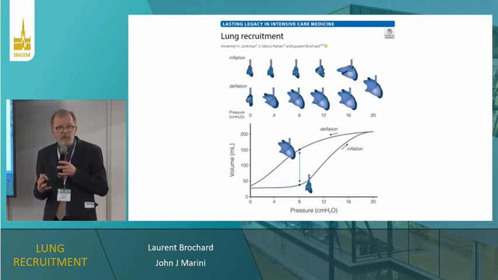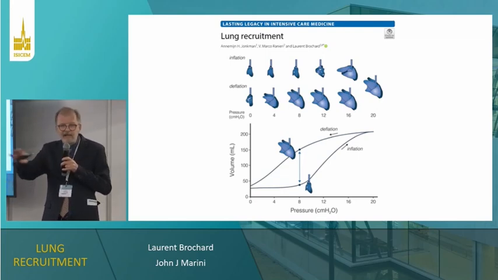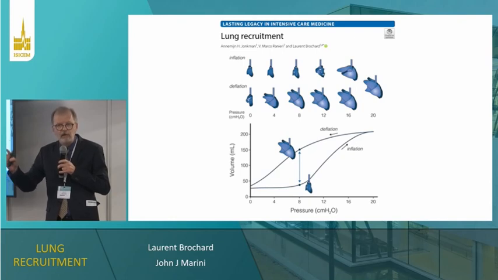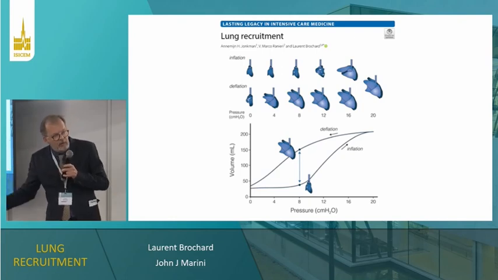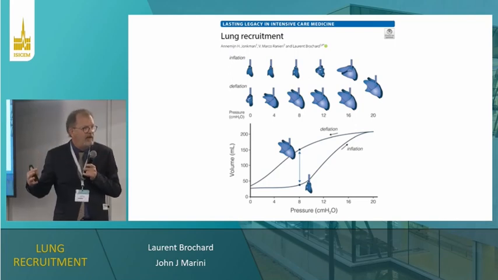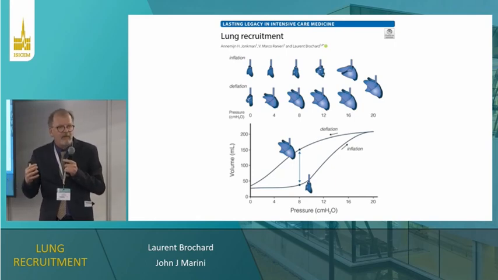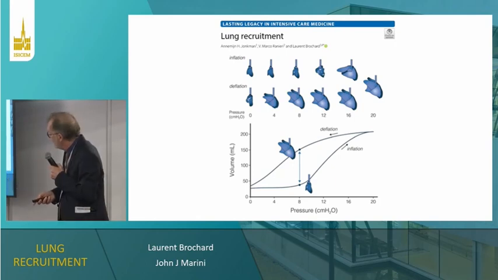And that would be very important, because if you conclude the lung is not recruitable, maybe you will be happy with your initial 8 centimeters of water of PEEP. Don't try to go higher. However, if the lung is recruitable, you can try to increase PEEP and see what are the effects on hemodynamics, oxygenation, etc. I'm not saying you will always go to 20 of PEEP.